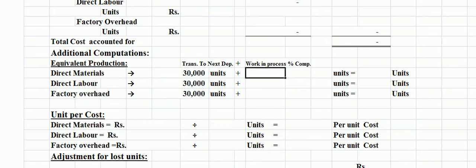The units in process are 3,000, 3,000 and 3,000. Degree of completion is 100% as material, 50% as labor and 50% as factory overhead. Now we will find the work in process inventory here.